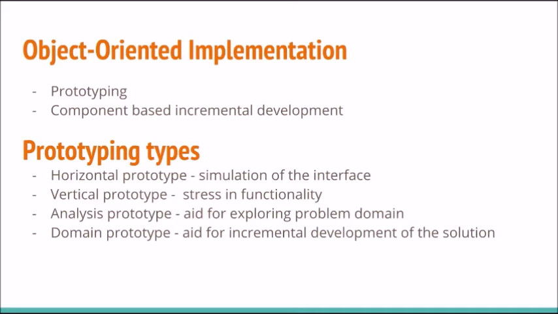Next, we will talk a bit about component-based incremental development. So OOM stresses reusing prefabricated components. Firstly, we will search the object library and component library to see whether we can get any prefabricated component that can be used in our project.